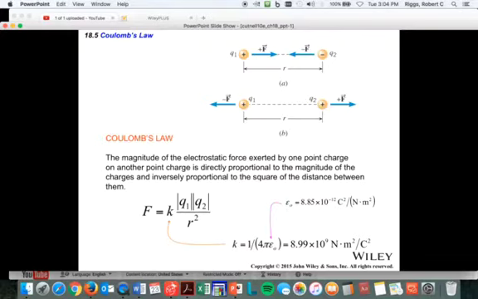So that's called the permittivity of free space. It's just a physical constant out there, kind of like Newton's constant. It's just what it is. Permittivity, I don't know what it means. They could have called it the electric gook or gunk. It's just out there.